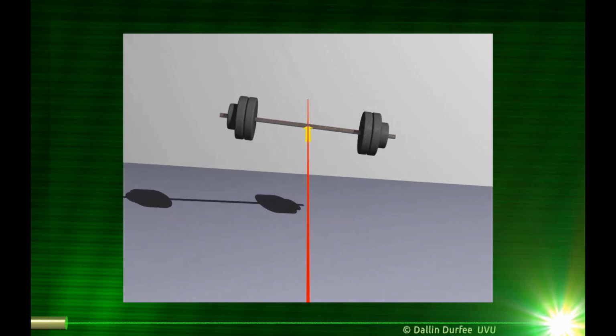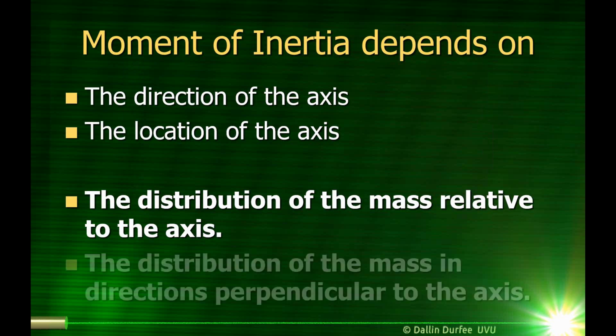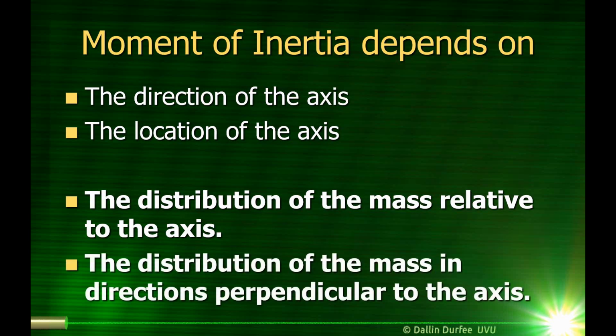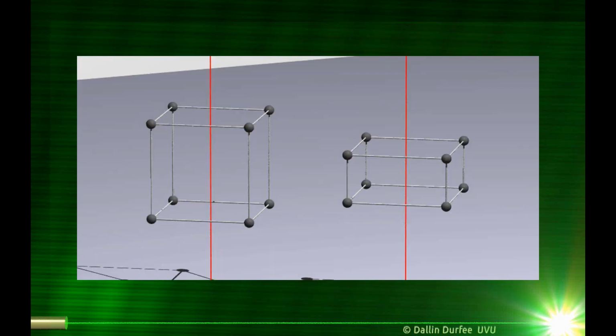And so from this, we realize that the moment of inertia depends only on the distribution of mass in the directions perpendicular to the axis. So if I move the masses perpendicular to the axis of rotation, it will change the moment of inertia. But if I move the masses along the axis of rotation, it won't change the moment of inertia. So let's see if our intuition holds.